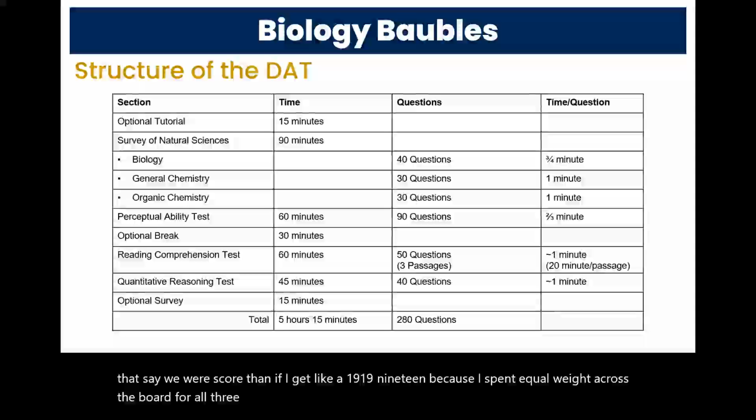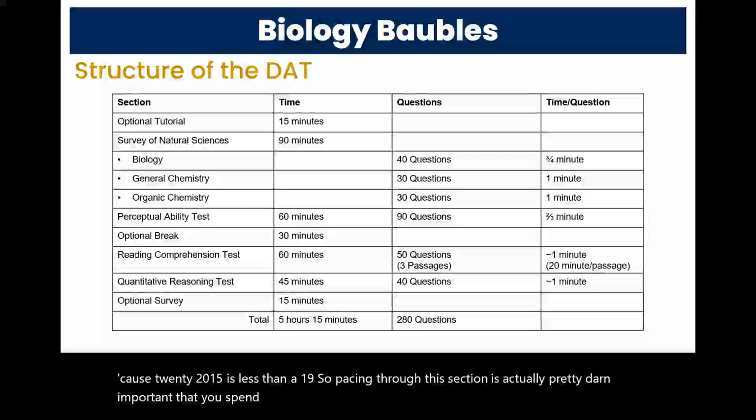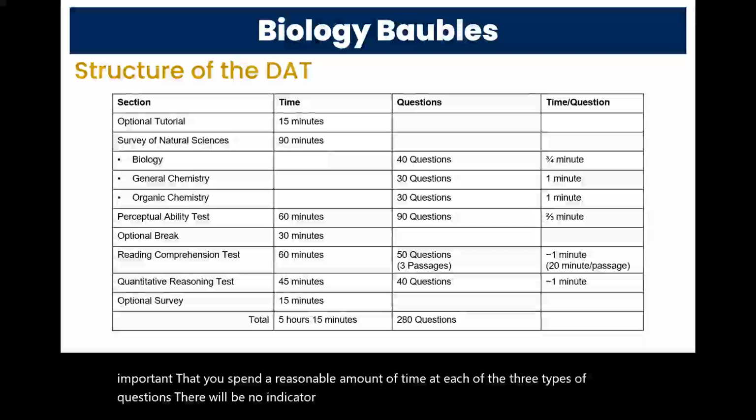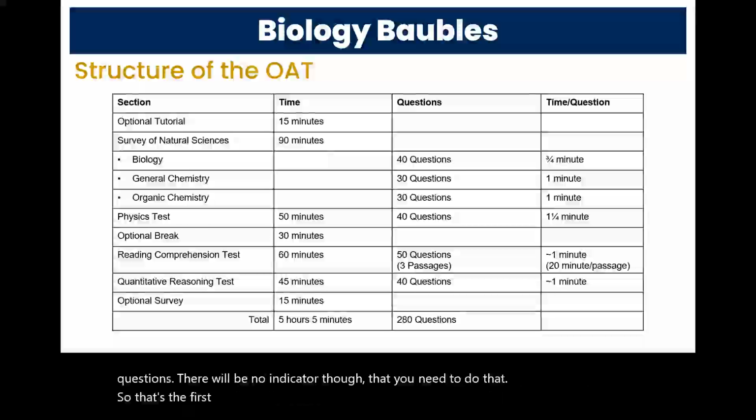Because 20, 20, 15 is less than a 19. So pacing through this section is actually pretty darn important, that you spend a reasonable amount of time on each of the 3 types of questions. There will be no indicator, though, that you need to do that. So that's the first big thing. So how many minutes do you guys want to spend on the bio?